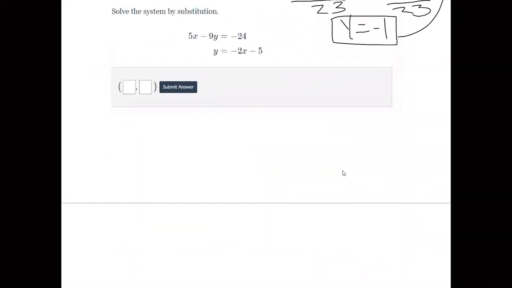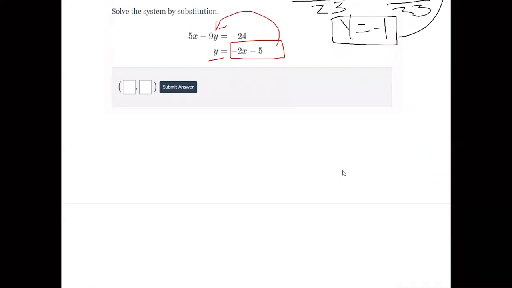Similar idea. The first thing you want to look for is whether you have an equation that's x equals or y equals. Well, in this one we do. So I can substitute negative 2x minus 5 anywhere I see a y in the other equation. So I can replace that y up there.